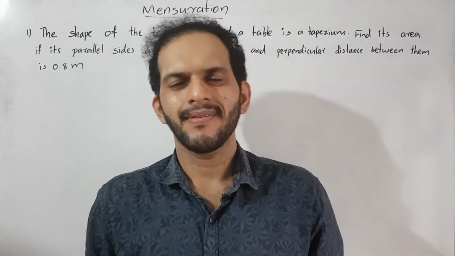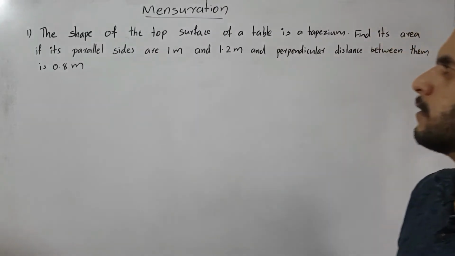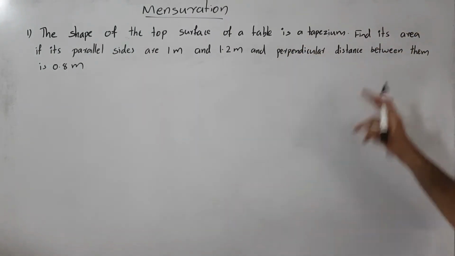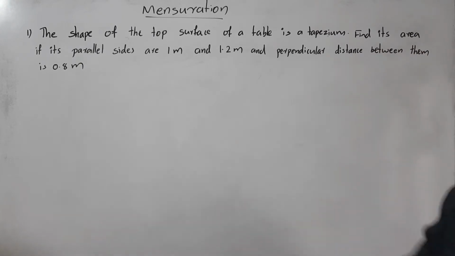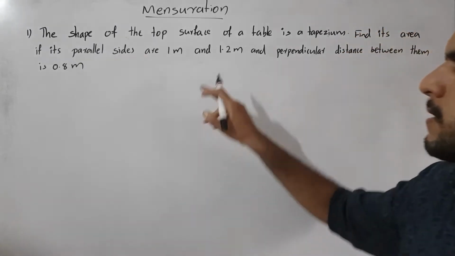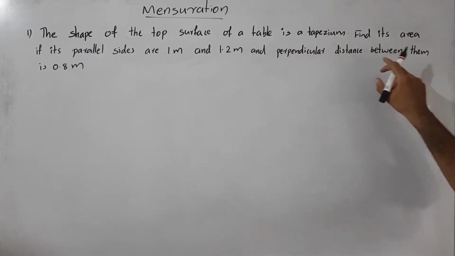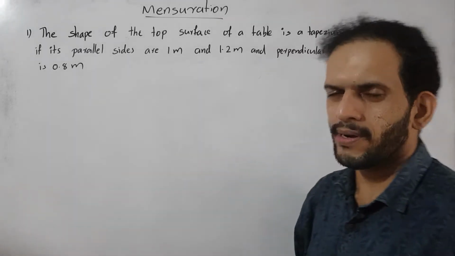The first example: the shape of the top surface of a table is a trapezium. Find its area if its parallel sides are 1 meter and 1.2 meter and the perpendicular distance between them is 0.8 meter.